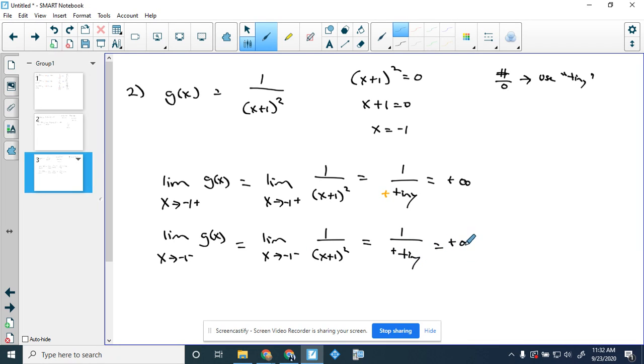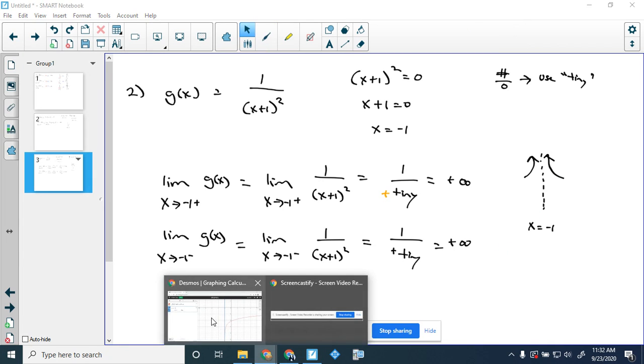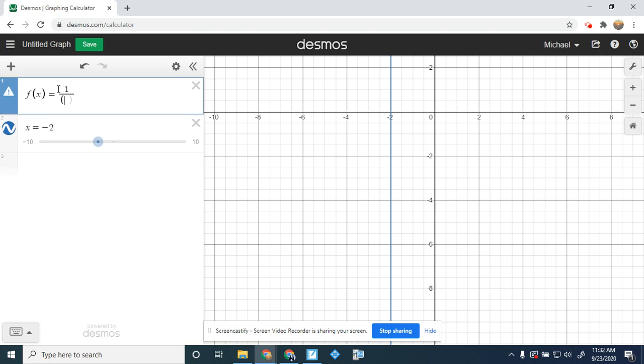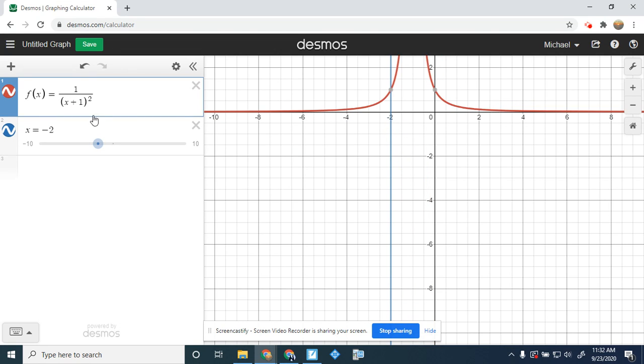So now this is me, without even seeing the graph, able to realize that at x equals -1, as I go in from the right and from the left, this graph is going up forever, which is describing the behavior at that vertical asymptote. So if I come over and take a look at the graph, let's change this guy up here, and let's do 1 over (x plus 1) quantity squared.